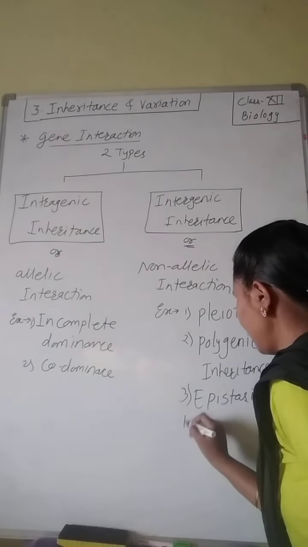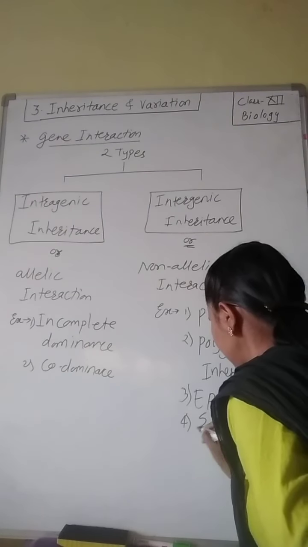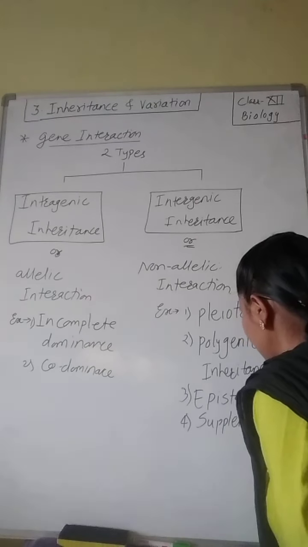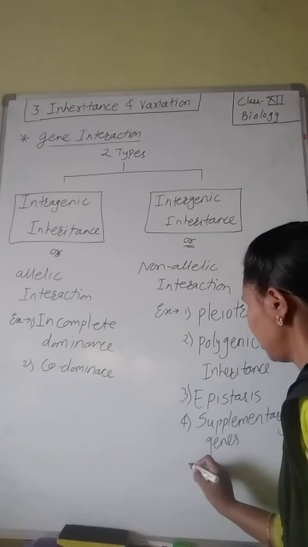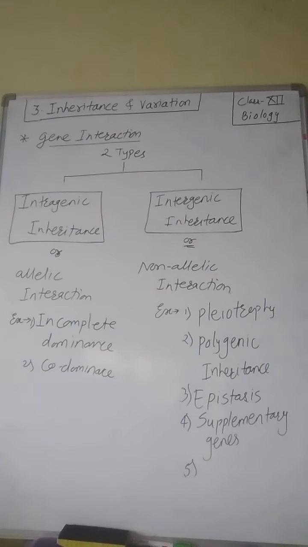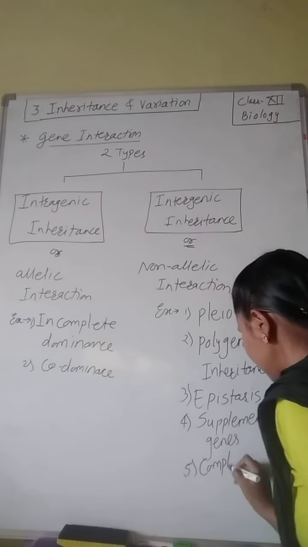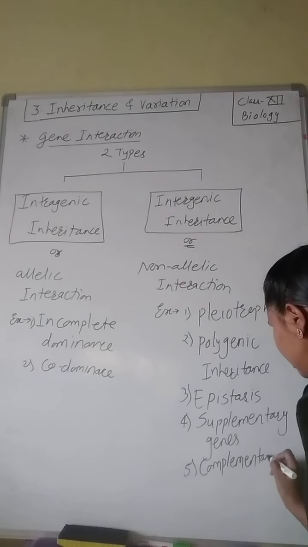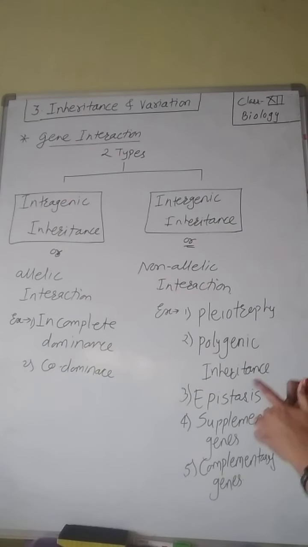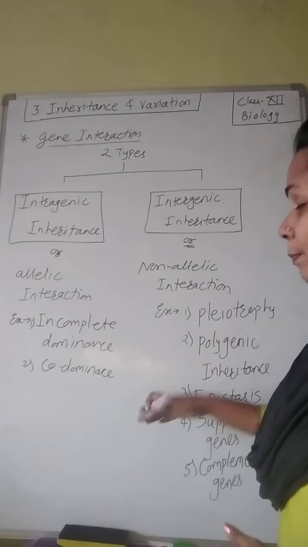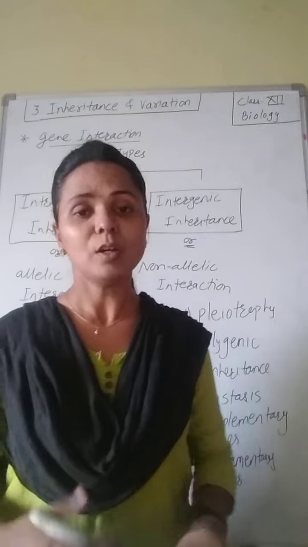Fourth is supplementary genes. Fifth is complementary genes. So these are examples of non-allelic interaction: pleiotropy, polygenic inheritance, epistasis, supplementary genes, complementary or collaborator genes, and duplicate genes.